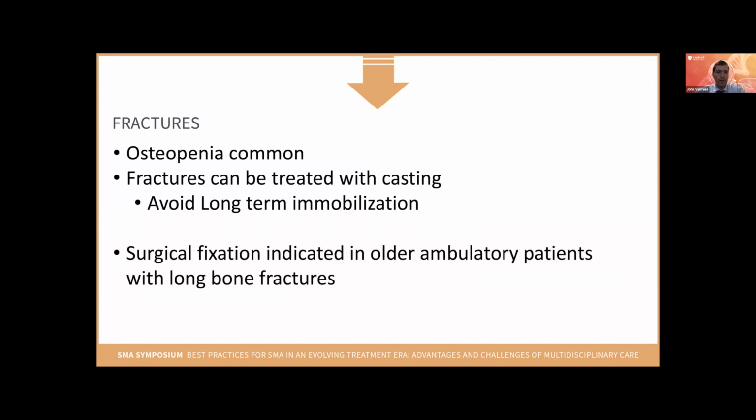We do treat some fractures with surgery, ambulatory patients, and sometimes sitters with long bone fractures around the hip and the femur that are difficult to cast. We can affect some early pain relief and mobilization by using surgical fixation in that population.